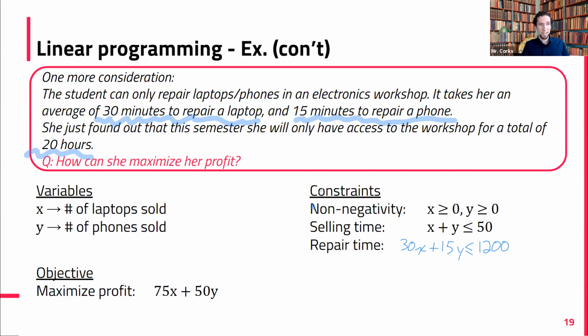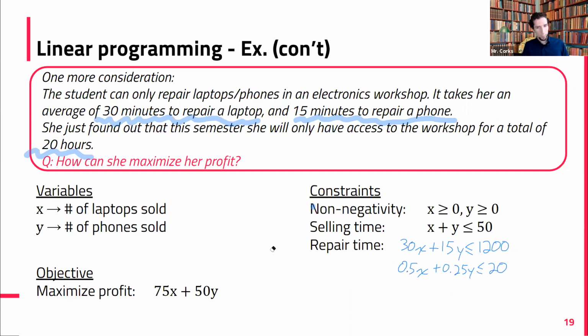I think it's a little easier to think about this the other way. Let's convert the minutes into hours. Our numbers will be a little smaller. That's also what I used on the next slide, so I'm gonna adjust it to that. So if we take 30 minutes to hours, that's 0.5, and 15 minutes is 0.25, so 0.5x plus 0.25y less than or equal to 20.